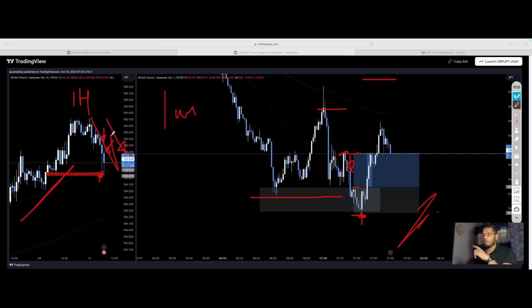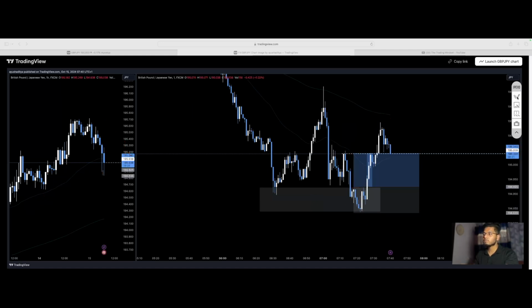When I'm going against the trend, I want to be in and out of the market as quickly as possible, because the market can reverse from any point. It can reverse around this level, or this level, or maybe from here. But in this particular scenario, the market went a little bit up and then it decided to go down.